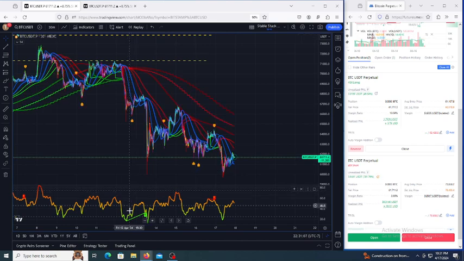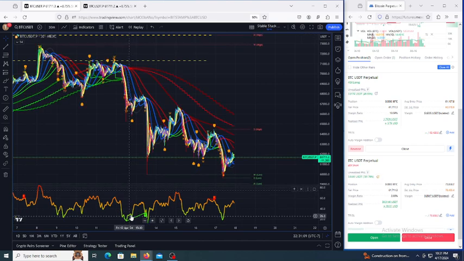Okay, so here we got a divergence, then the next dip off the divergence. Entry right here, got your M pattern.